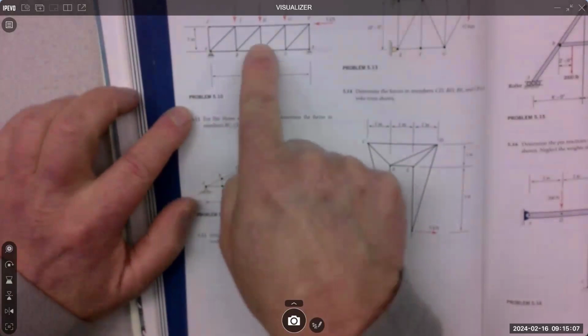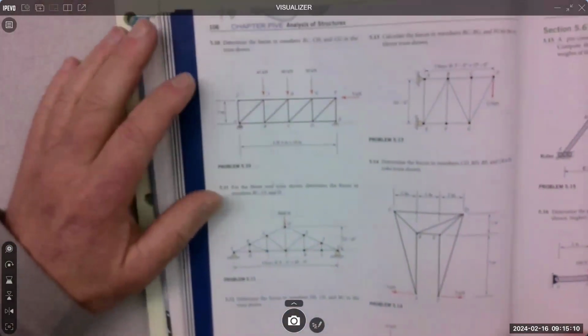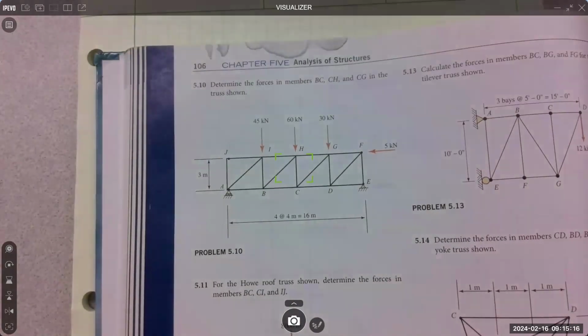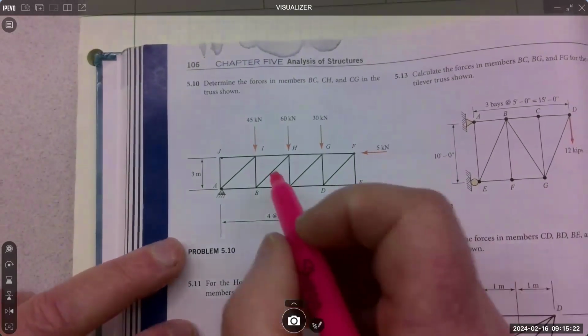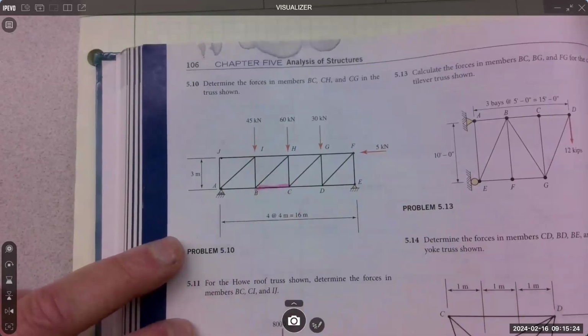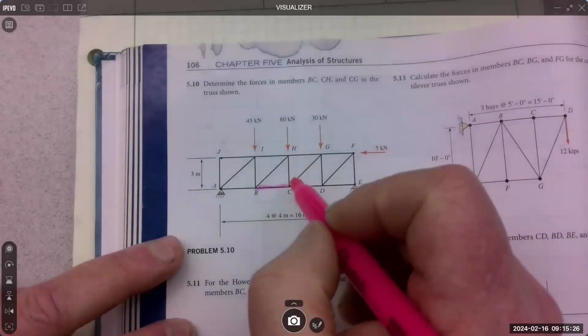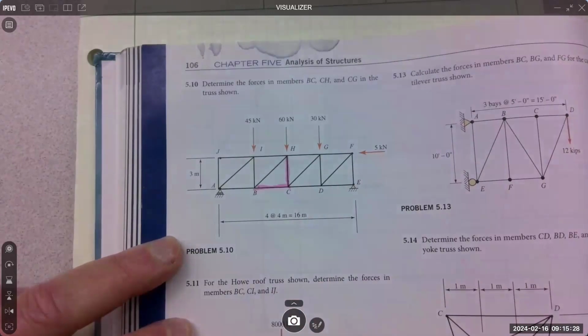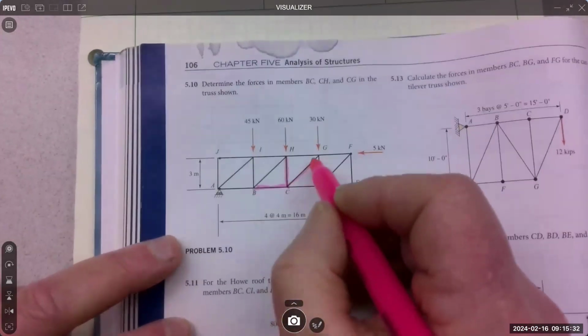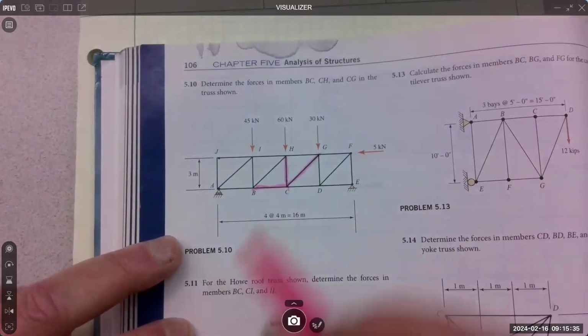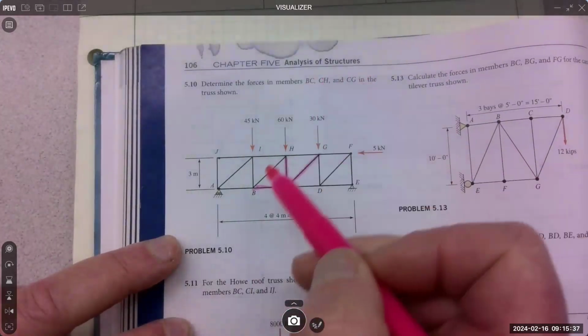10 is here, a boxy truss thing. It says you're going to find BC, CH, and CG. Right? BC, CH, and CG.